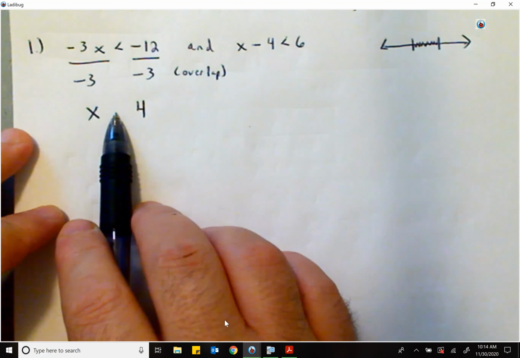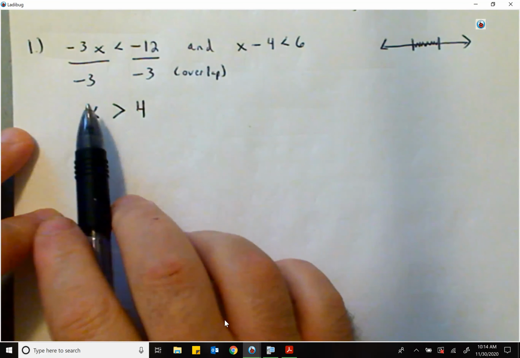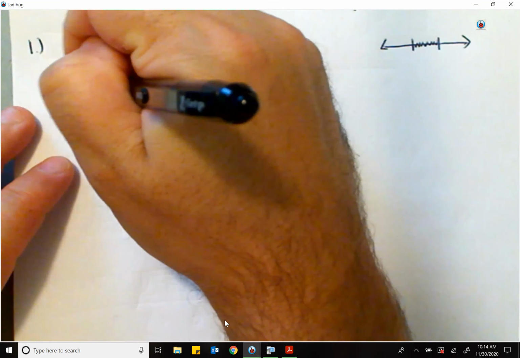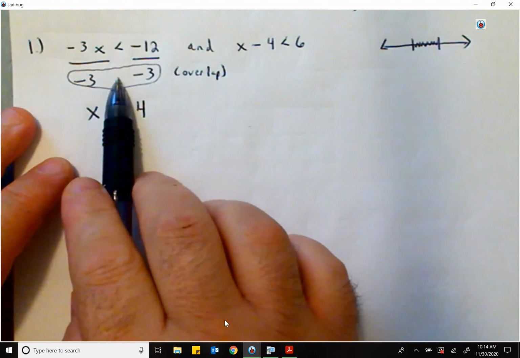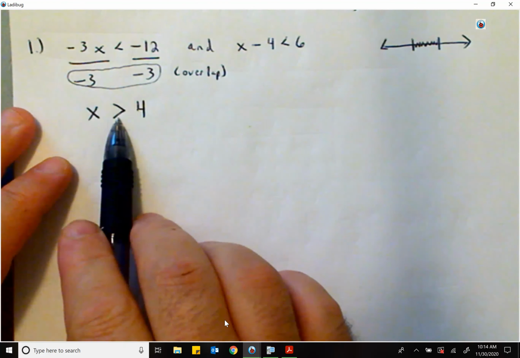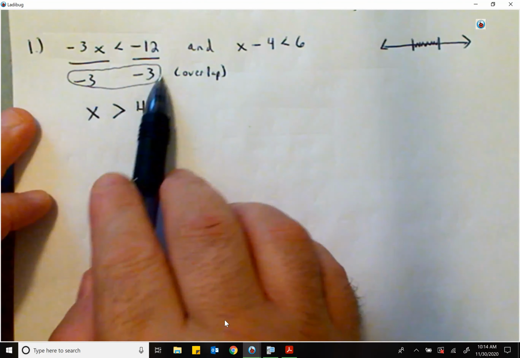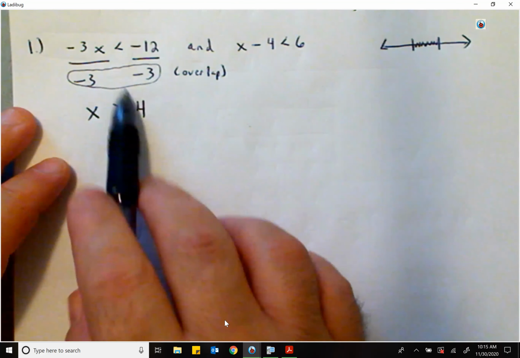It flips. So it actually becomes x greater than 4. Whenever you divide, if the bottom number is negative, that's what caused the flipping. We don't care if the numerator is negative. We care if that denominator is negative. Because this guy's negative, that's why we flipped.